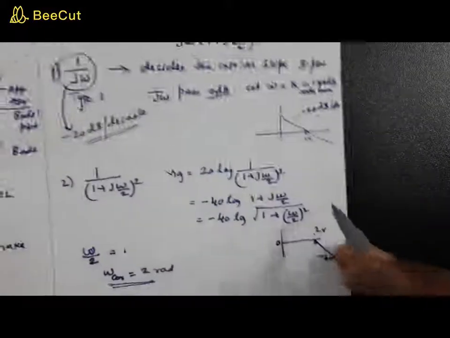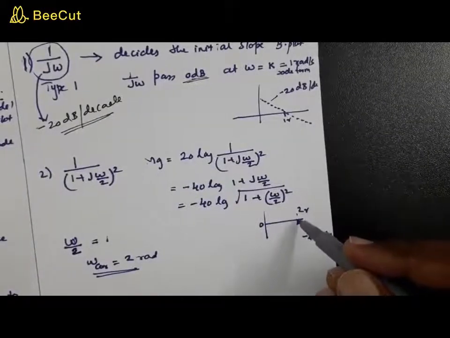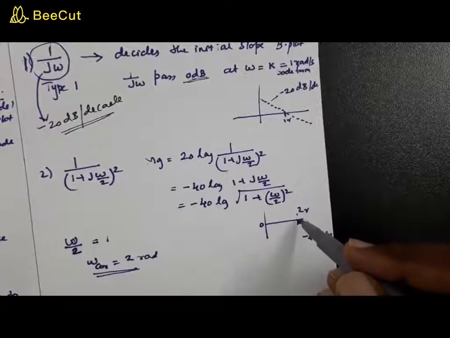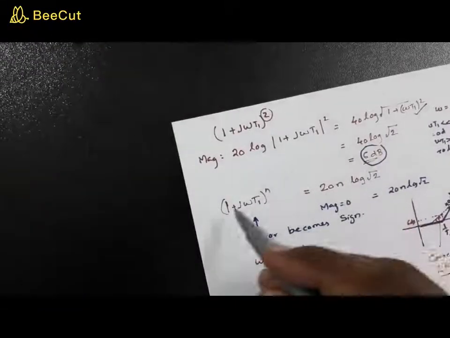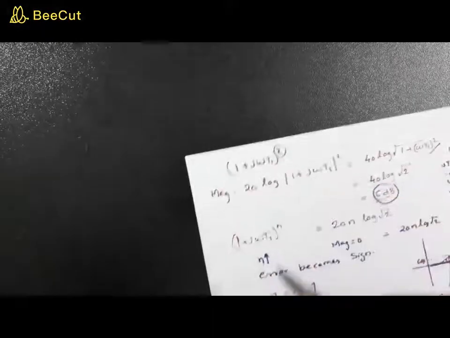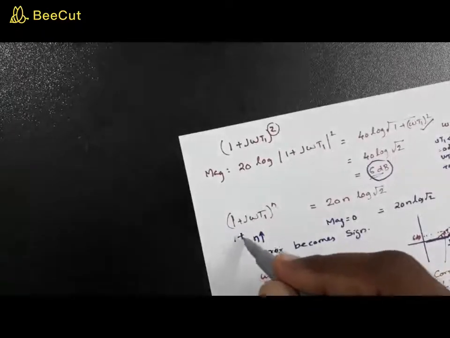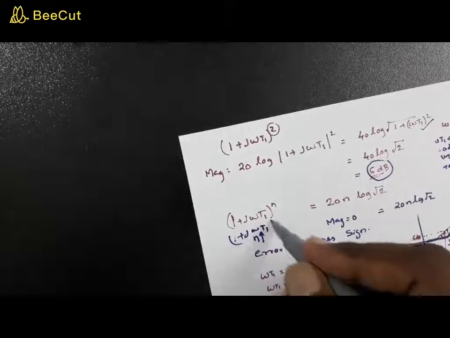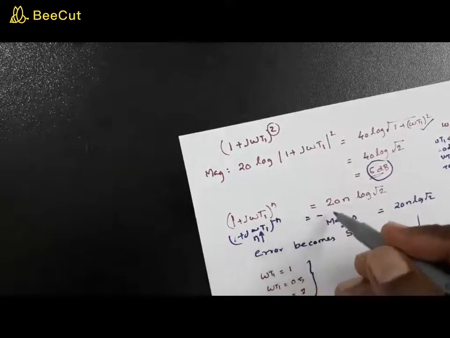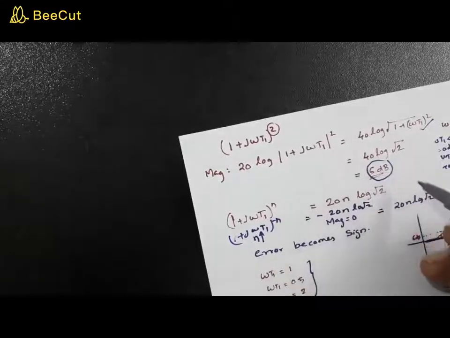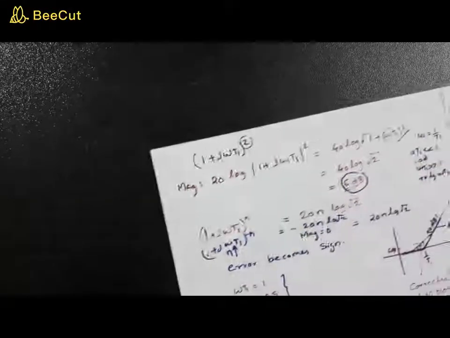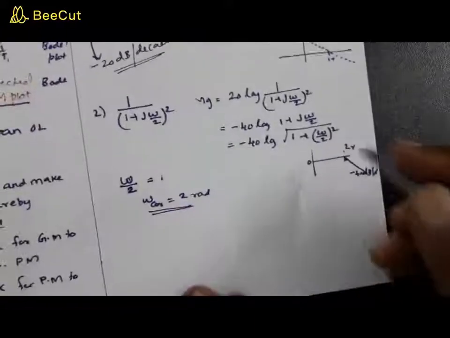So we'll be plotting an asymptotic plot, as if at the corner frequency it is 0 dB, but it will be having a minus 6, because this is going to be minus n. So this I have drawn for the positive powers. Now if it had been 1 plus j omega t1 all raised to minus n, then the error will be minus 20 n log root 2, which is nothing but, in this case, minus 6 dB. So you need to plot that.